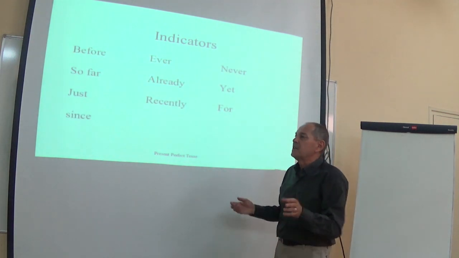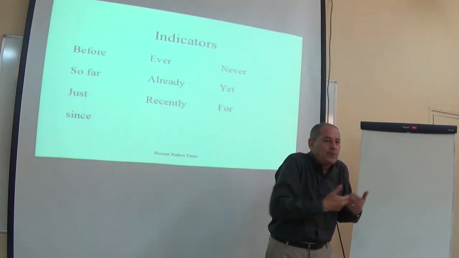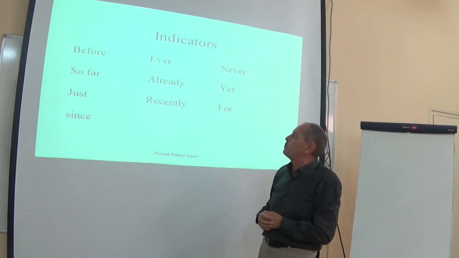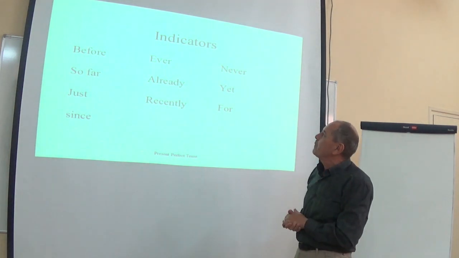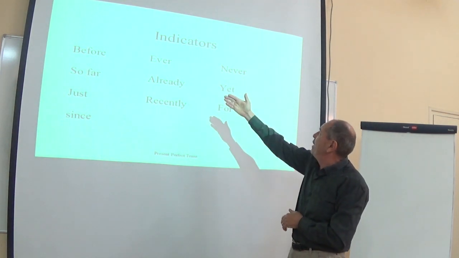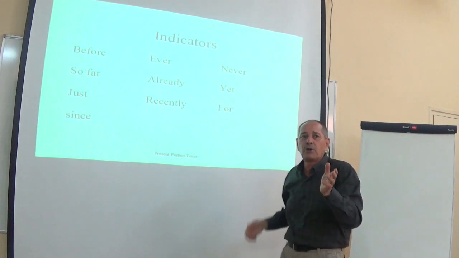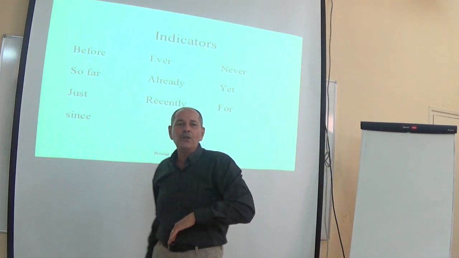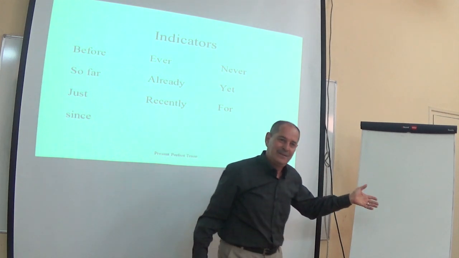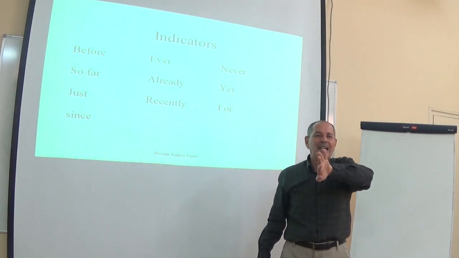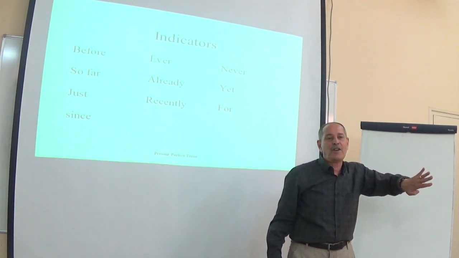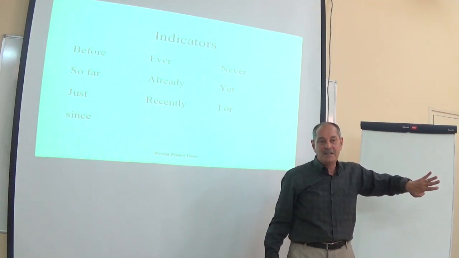The indicators are some signs that may help you understand that you are dealing with the present perfect. So you say, before, ever, never. For example, I have never visited London. It means at no time in the past have you been to London.